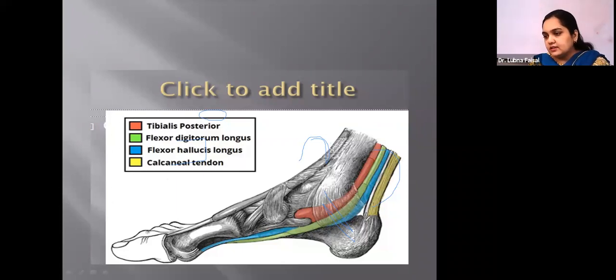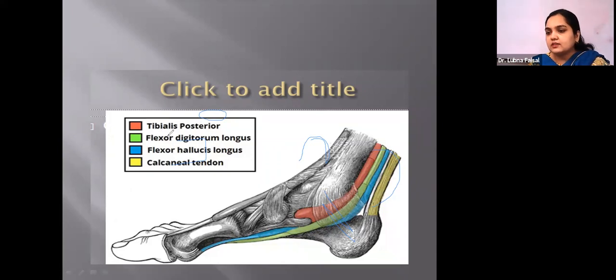This is the Achilles tendon, plantaris. These are the tendons for the tibialis posterior, flexor digitorum longus, flexor hallucis longus. Here we have the calcaneal tendon. This is the artery and the nerve, the tibial nerve. They also pass in a separate compartment deep to the flexor retinaculum.